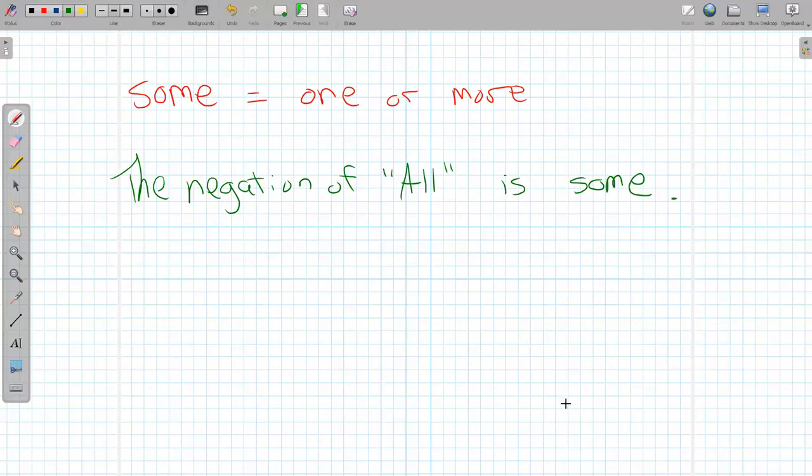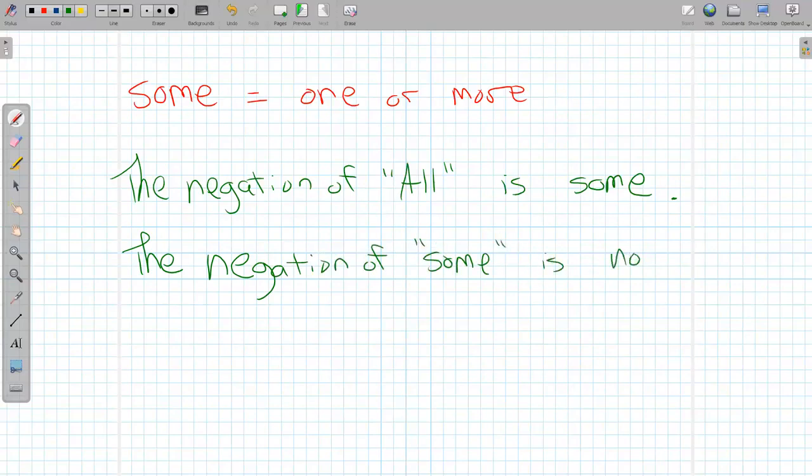And then another important but little known fact, the negation of some is none, in quotes for emphasis there.